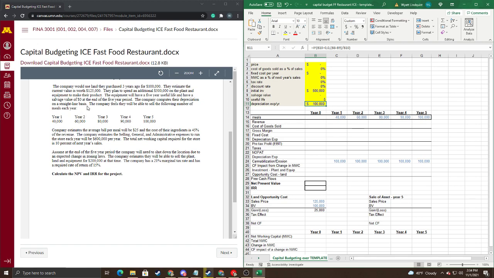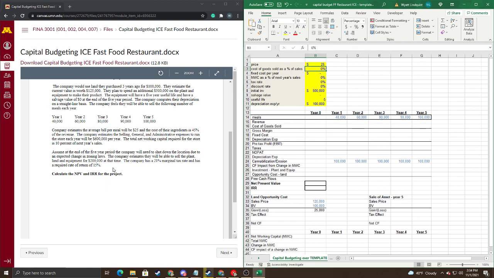All right, and now it's just saying how much it'll sell every year. That was already input by the maker of this spreadsheet, so we don't have to do anything with that. The company estimates that the average bill per meal will be $25, so we'll put that as the price here.